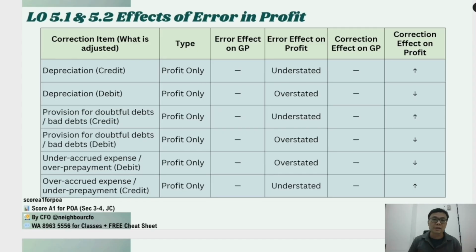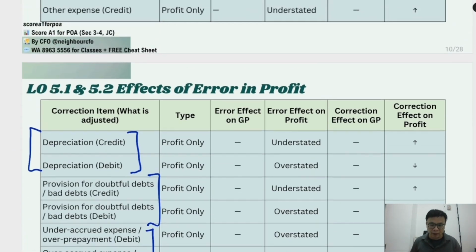In this particular slide, we are still focusing on the effects of error in profit. The accounts that we are looking at are as follows: depreciation, provisions for doubtful debts or bad debts, and last but not least, accrued expenses or prepayment. For the first one, depreciation, just take it that depreciation is one of the other expenses.